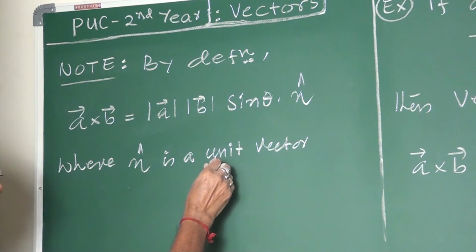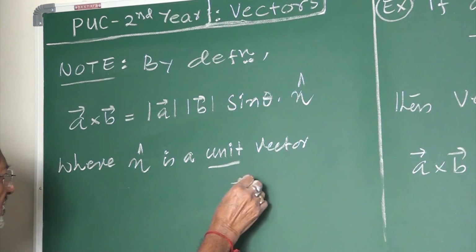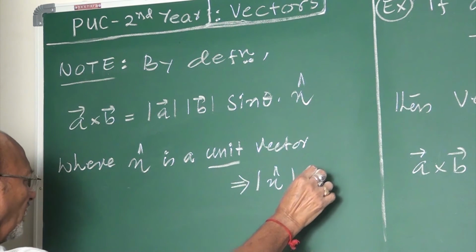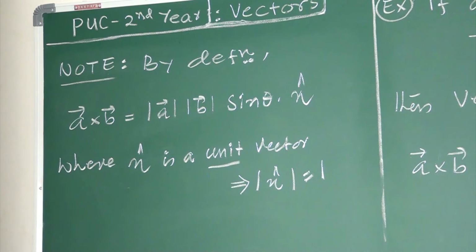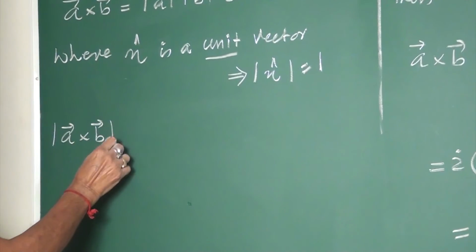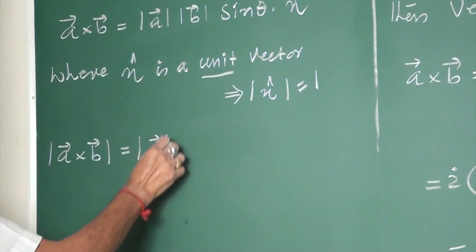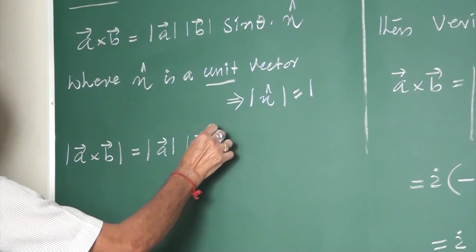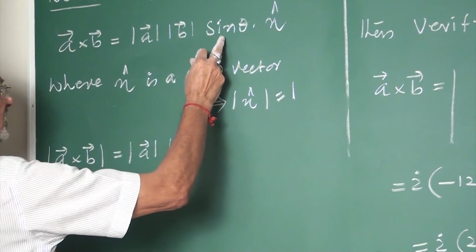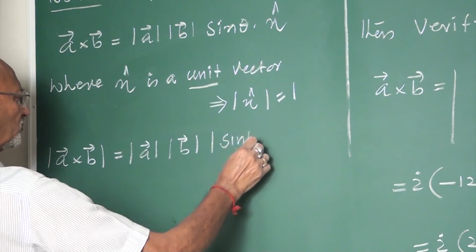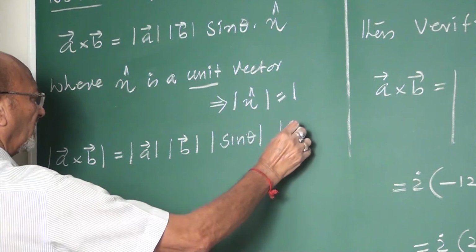As eta cap is a unit vector, my friends, you know the magnitude of eta cap is 1. Now I take the magnitude of A cross B. Magnitude of A cross B is the magnitude of A, magnitude of B, sine theta, which is positive, and eta cap.